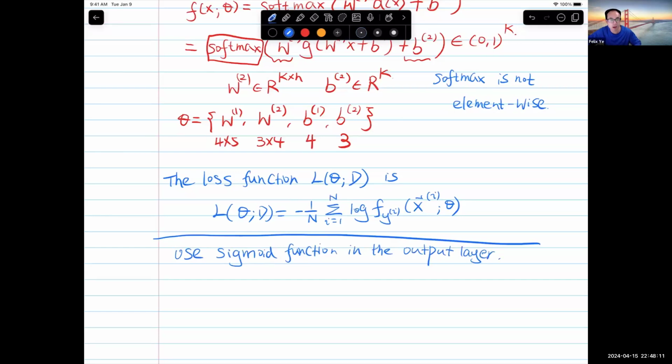And correspondingly, you are not using the cross entropy loss. Instead, you're going to be using something like logistic loss. So this is sigmoid functions and the logistic loss.